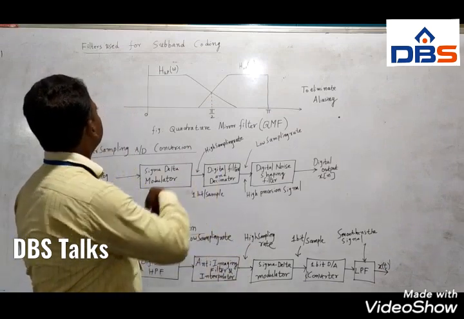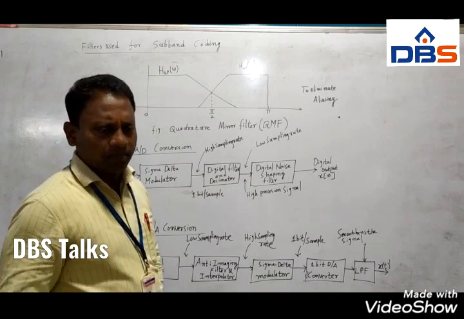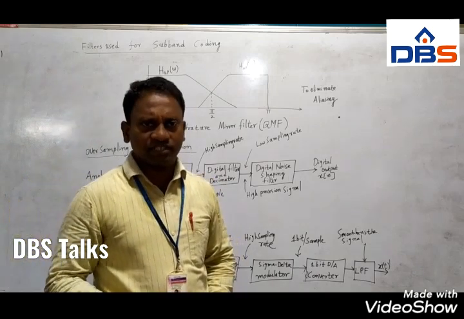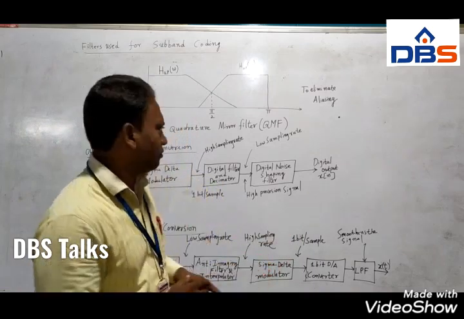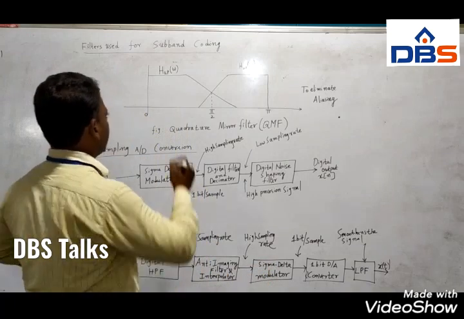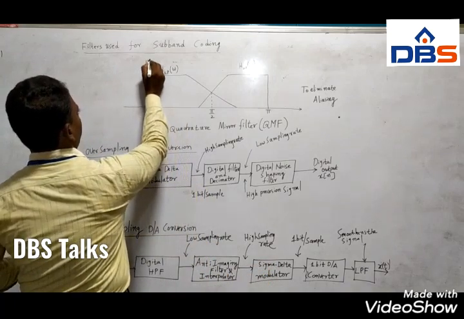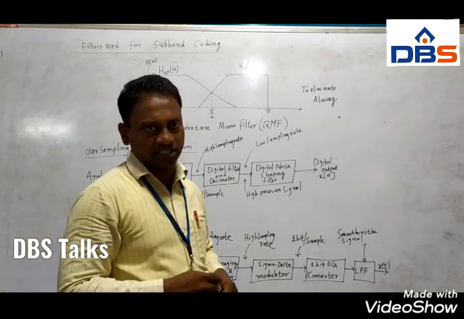Now this is the filter used for subband coding. We have seen what subband coding of speech signals or audio signals is. Now, what type of filters are used in subband coding? This is the frequency response of the filter characteristics used in subband coding of audio signals.